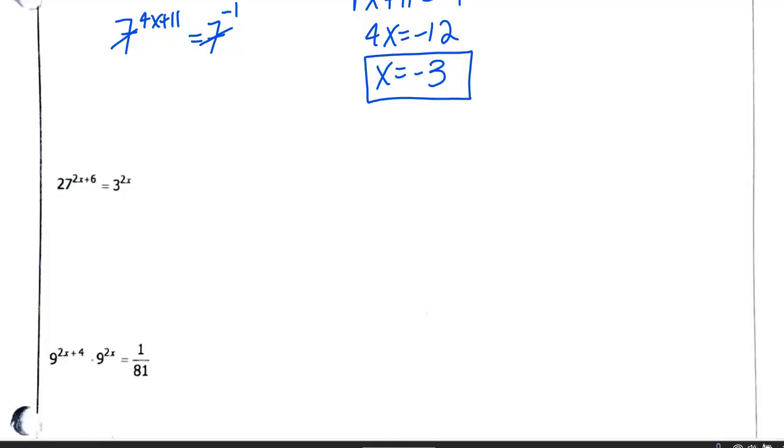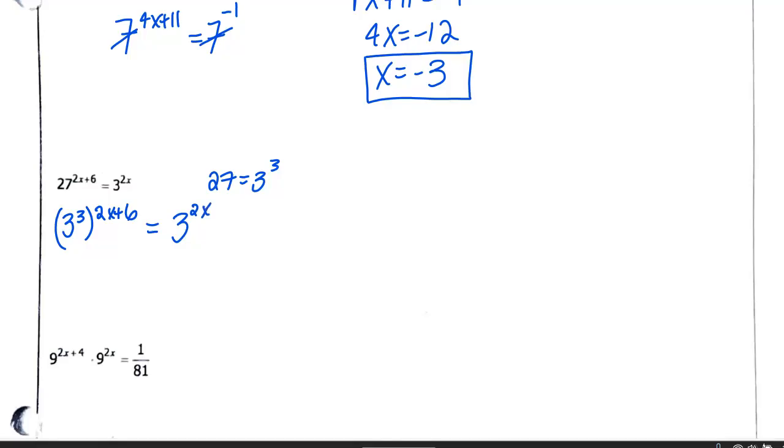This one's a little bit harder. We have a base of 27 and a base of 3. But I know that 27 can be written with a base of 3, because 27 is the same thing as 3 cubed. So I'm going to rewrite that as 3 cubed, raised to the power of 2x plus 6, and that equals 3 to the 2x.